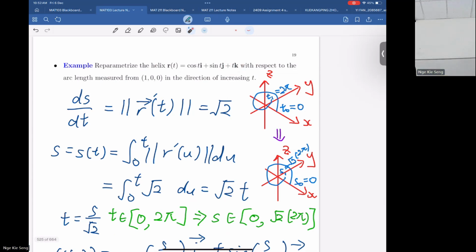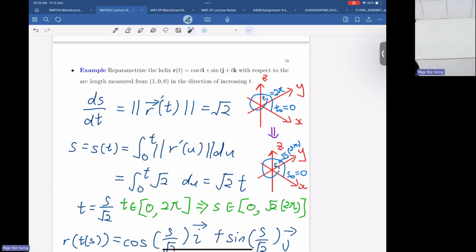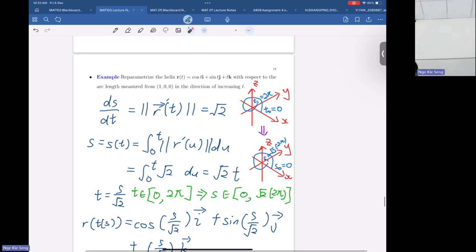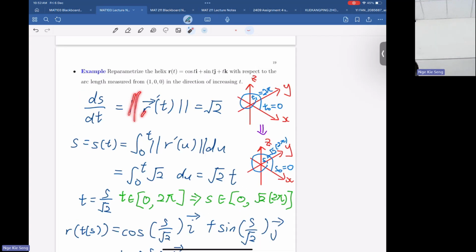So if you compute ds over dt, what do you get? Meaning you compute the length of your tangent vector, which is always constant, with square root 2. So no matter what t you pick, at every point the speed is the same, because after taking the modulus, you don't have direction anymore. You just have speed. I mean, the tangent vector is a velocity, but after you take the length, it's just a speed.